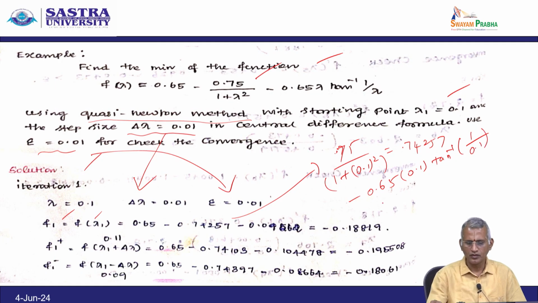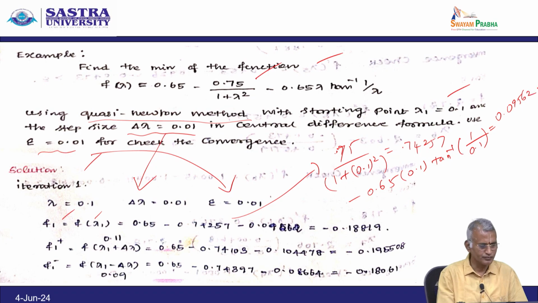So, the value is 0.09562. Then 0.65 minus 0.74257 minus 0.09562 equals minus 0.18819.